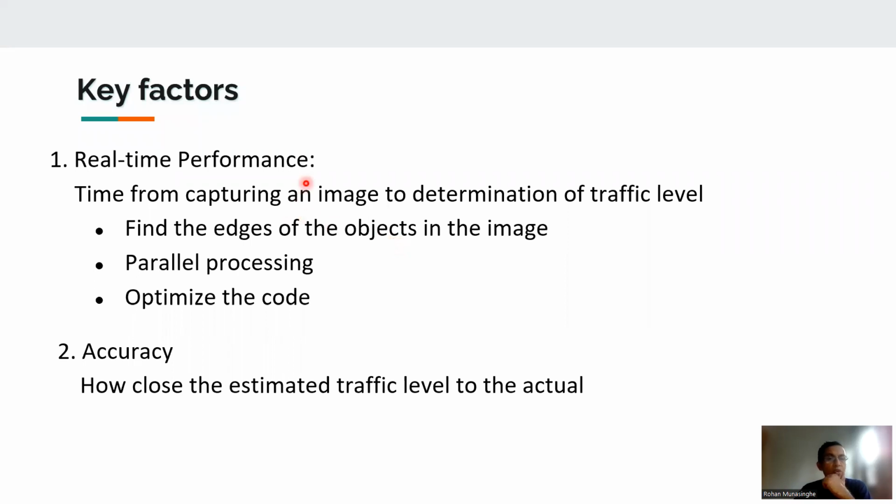So this is the workflow. Find the edges of the objects in the images, use parallel processing, and optimize the code. When you do this on OpenCV, you can run this a couple of times and it will converge to a certain level, so that all the training parameters are converged to that level. After that, it's ready to go.